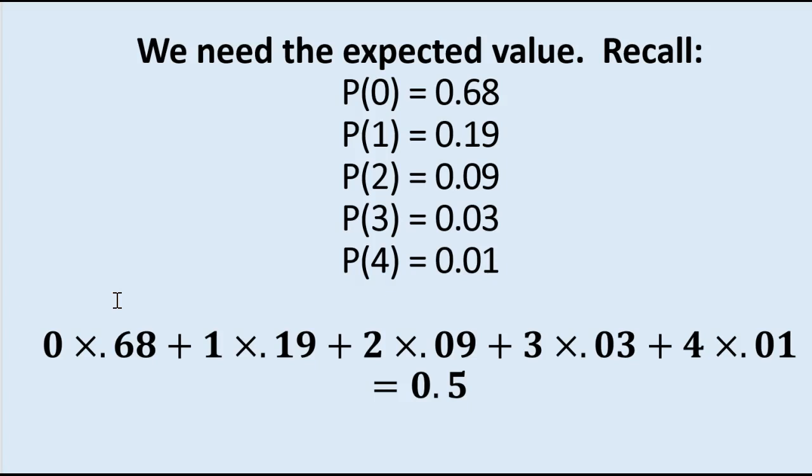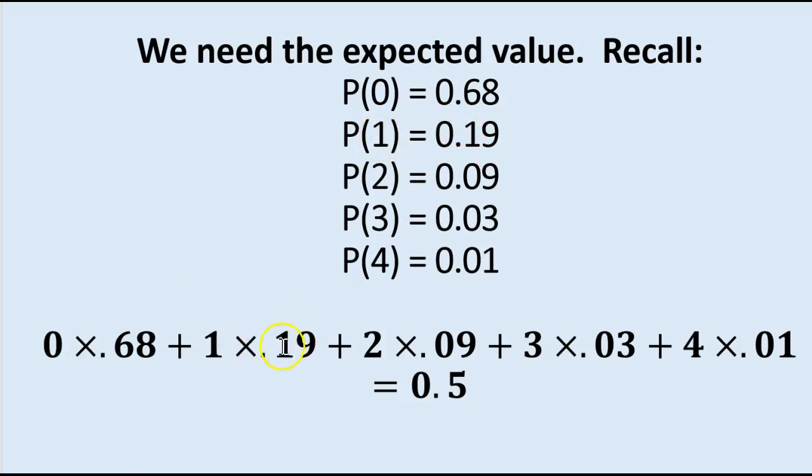Recall, here is our probability distribution. To find the mean of this distribution, we take each potential value for the number of houses sold, for example 0, and multiply it by its corresponding probability. So we take 0 times 0.68, and notice we have our first value here. Next, we take 1 times 0.19.